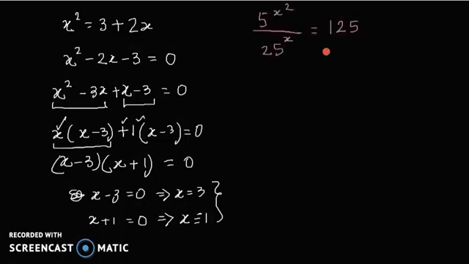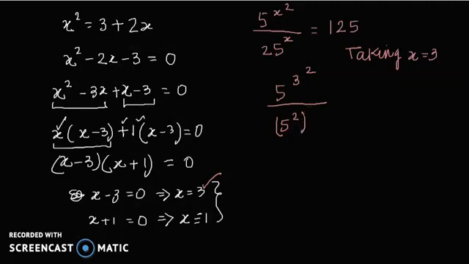As you know, this is our equation. So taking x equal to 3, which was one of the solutions, 5 raised to power 3 raised to power 2, and in the denominator it is 25, which you can write as 5 square raised to power 3.